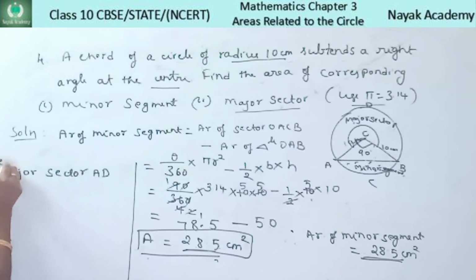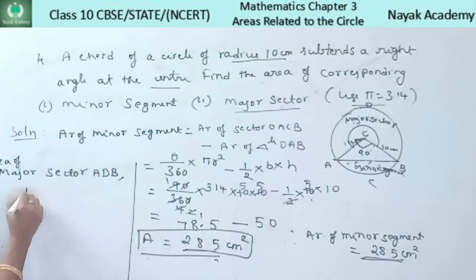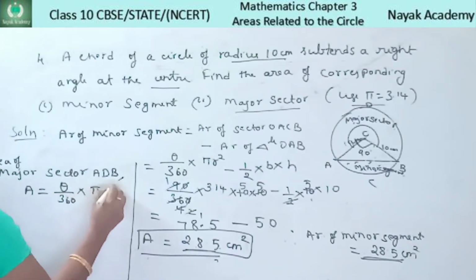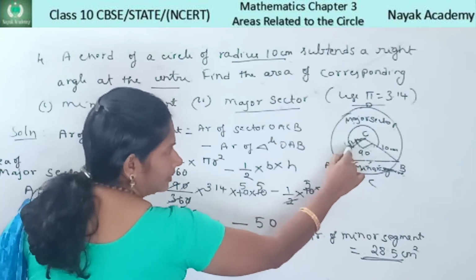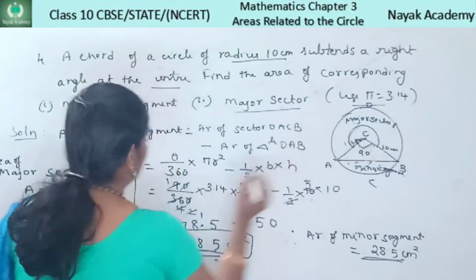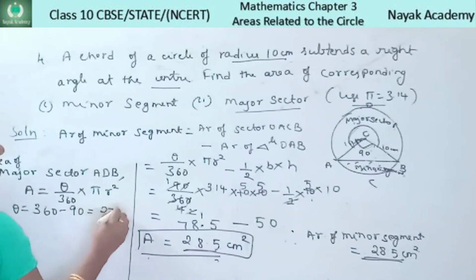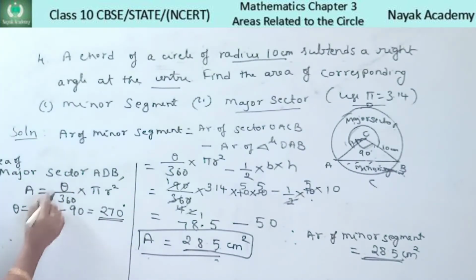Area of major sector ADB equal to, so what is the formula? A equal to theta by 360 degree into pi r square. So what is the theta value, children? If this theta is 90 degree, then this angle's theta value is 360 degree minus 90 degree, it is 270 degree. Now let us substitute the values.